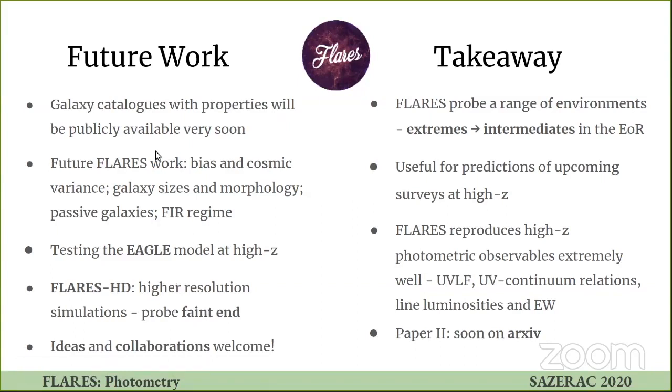Thank you, Ashwin. So we have some questions for you. We'll start with one from Casey Papovich, who asks, at the bright end of the UV luminosity function, do you have a sense of what in the models is driving the exponential cutoff? Why does it look more like a Schechter function than a power law? What physical effects are happening?